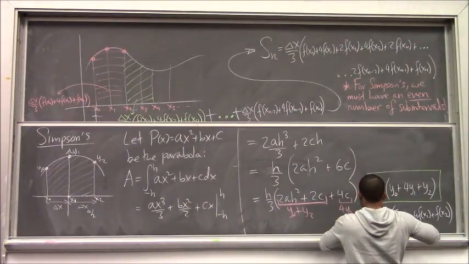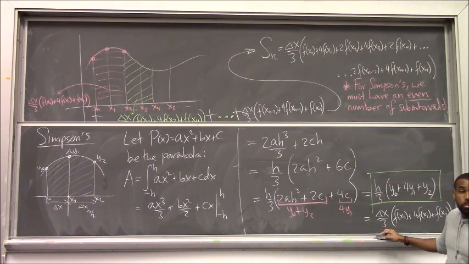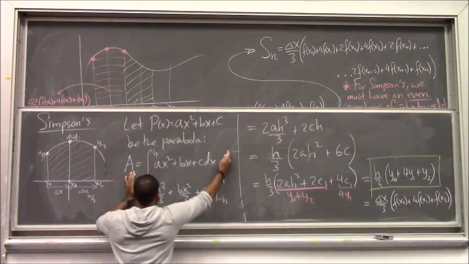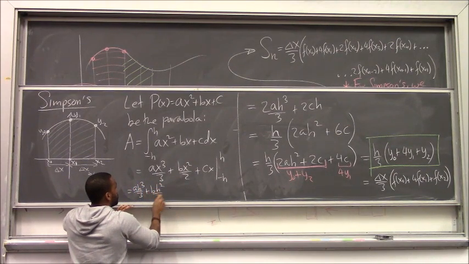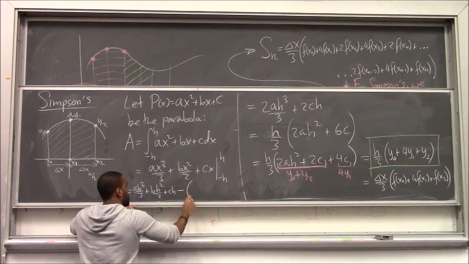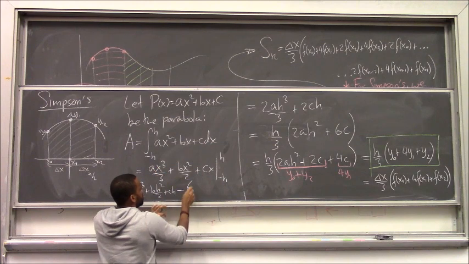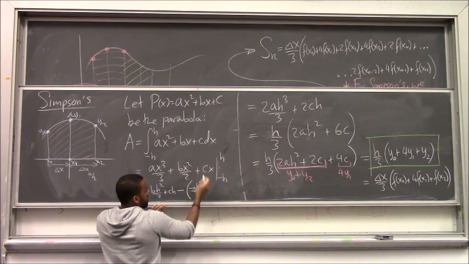Jhevon: Yes, before you erase that, where did our b disappear? The b term, where did that disappear to? Oh, I used the fundamental theorem of calculus. So I plug in the top. That would give me Ah cubed over 3 plus Bh squared over 2 plus Ch, minus, plug in the bottom. Now if I plug in minus h into a cubed, it becomes minus. If I plug in minus h into a square, it doesn't do anything.